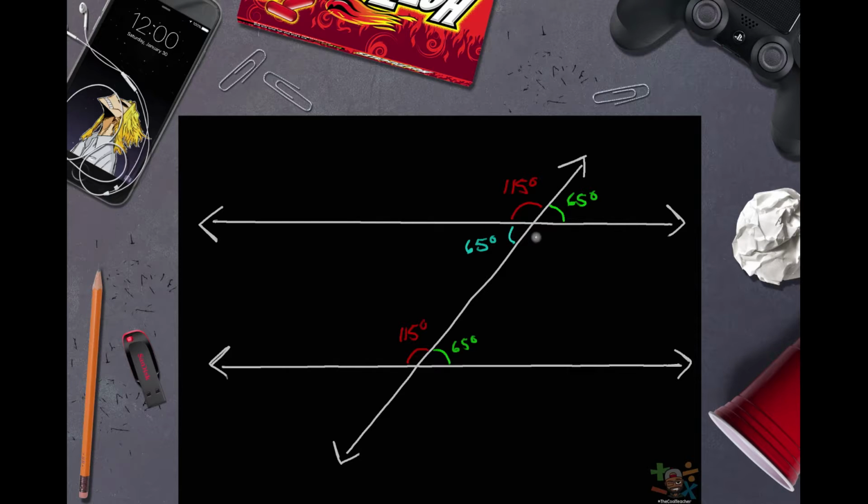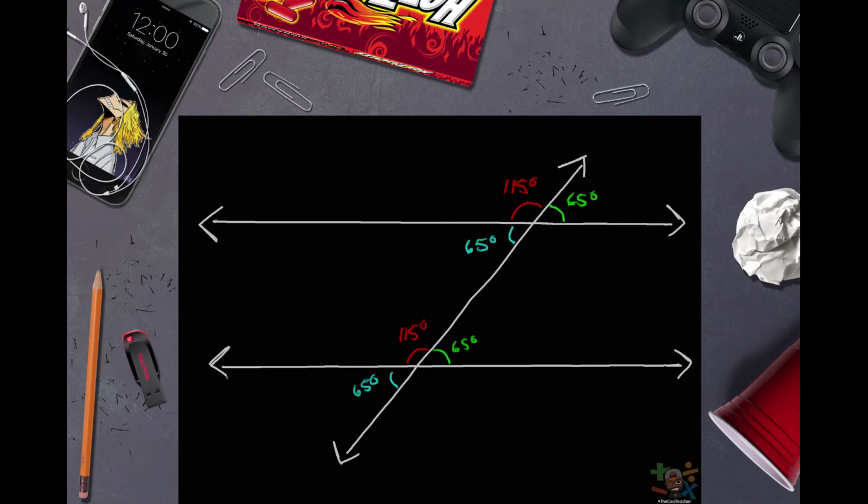The reason is, and I haven't done a video on this yet, it's vertical to this one, which I'll do a video on later, not to confuse you. If I look at the middle of this group of angles and go down and to the left, 65 degrees. So I come to this group of angles, go down and to the left, I end up right here, so this is also going to be 65 degrees.